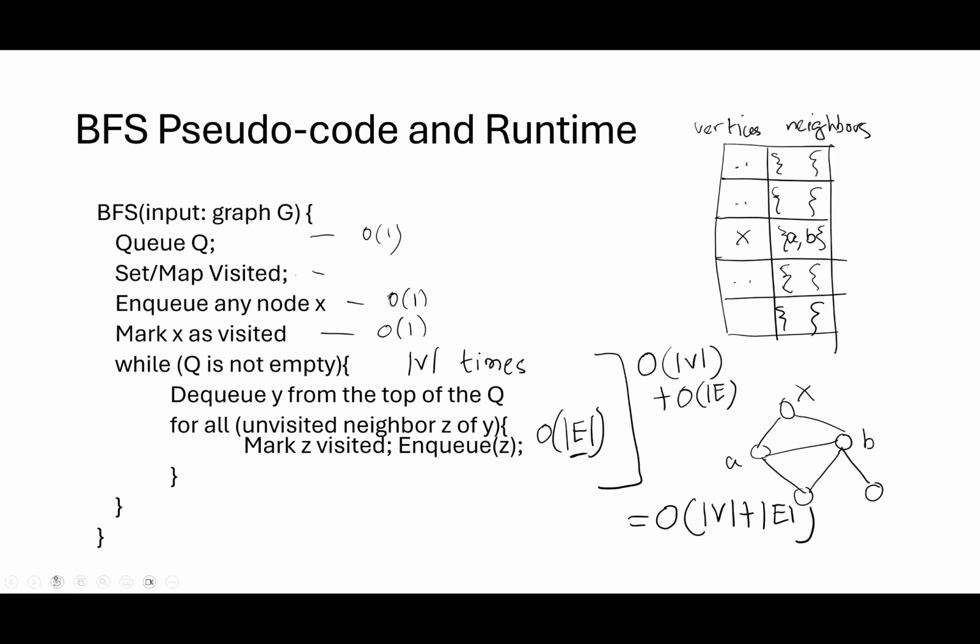Okay, and then let's say, what is the space complexity? So this is the time complexity. Now the space complexity, how much extra space we need. You see here that in the queue, at most we may need to put v space, like all the nodes go into the queue at the same time.